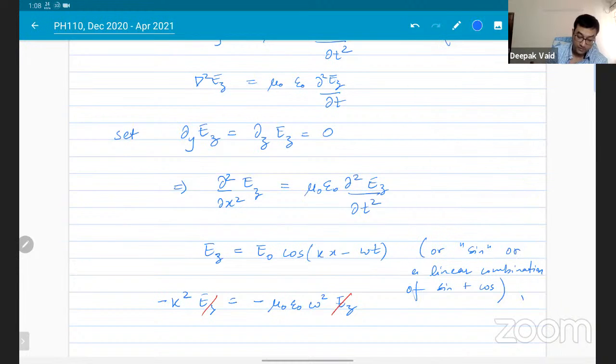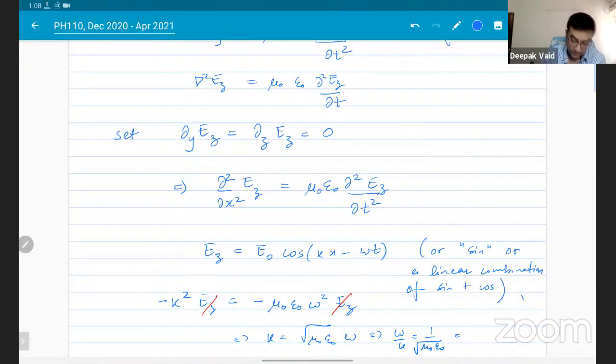Ez will cancel out, which will give me k square is equal to mu naught epsilon naught omega square. So k is equal to omega times the square root of mu naught epsilon naught, which tells me that omega by k is equal to 1 by the square root of mu naught epsilon naught.